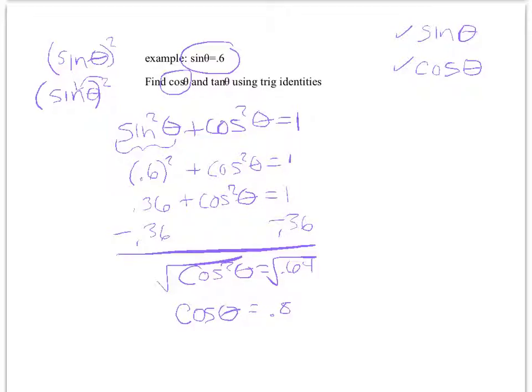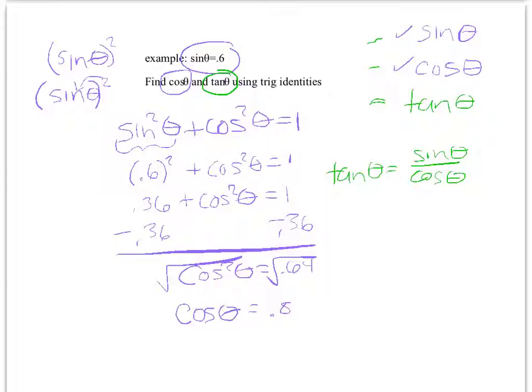And then my next problem tells me I want to figure out what tangent is. And so now I need to find an identity that has either just one of these in tangent, or it might have all three in tangent. And we have a couple different things we could go with. One thing that I think of right away is the quotient identity, where tangent equals sine over cosine.